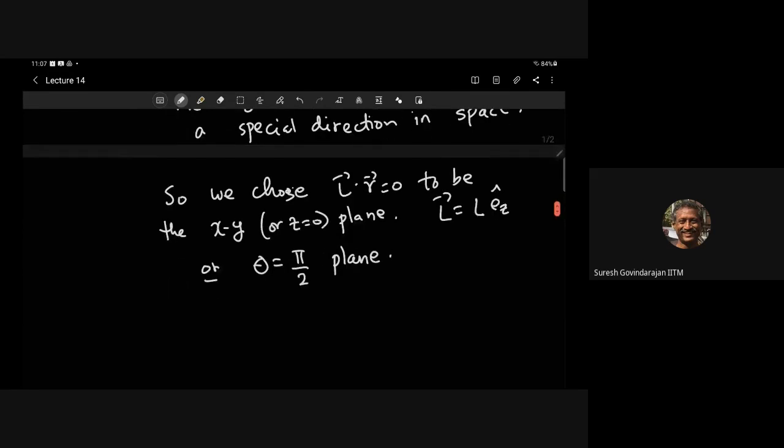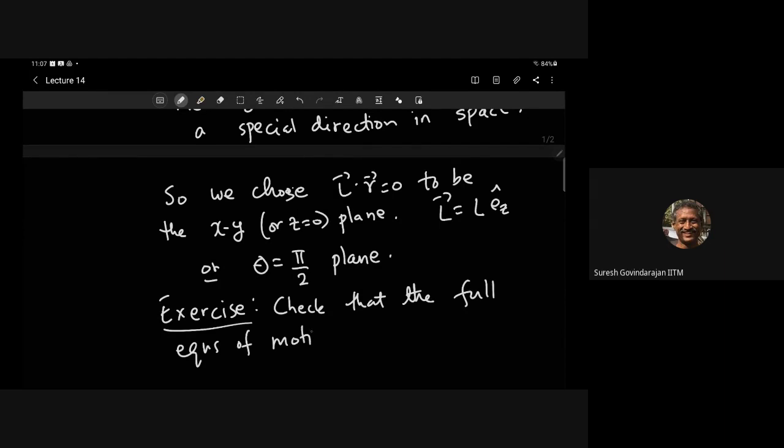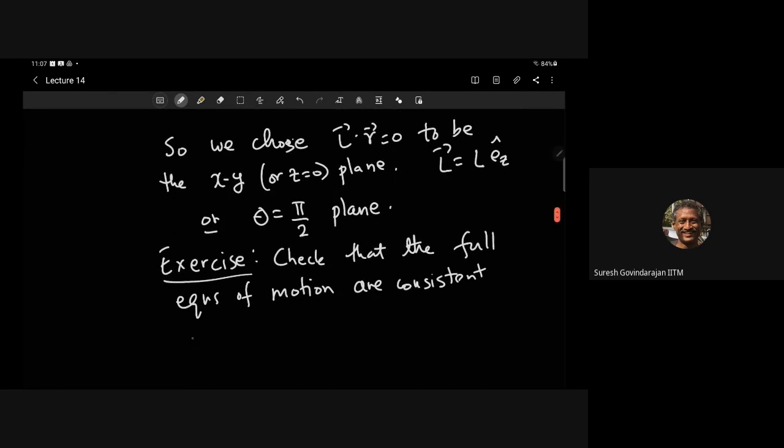So there's an exercise which you need to do, which is to check that, from conservation of angular momentum, we know it will remain in the plane. So check that the full equations of motion are consistent with it.